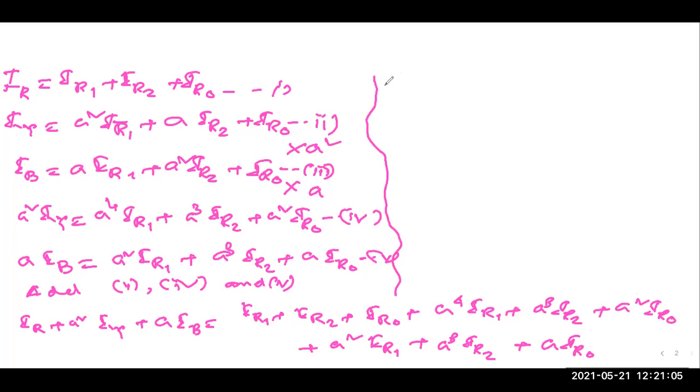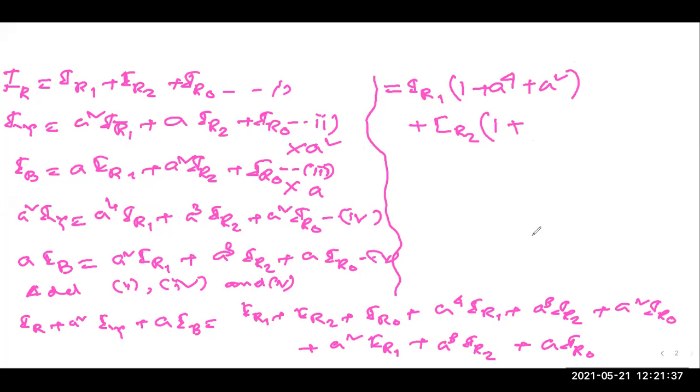So equal to. Now we'll take common IR1. So first will be 1 plus A to the power 4 plus, where is the IR1 term? This is A square, so this will be A square. Then plus we'll write IR2. IR2 is 1 here, so first we'll write 1.